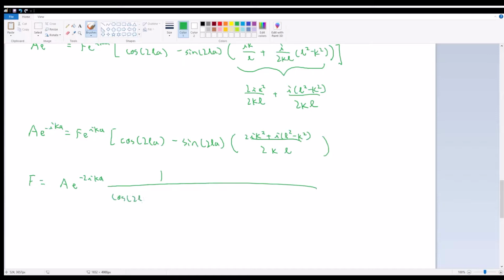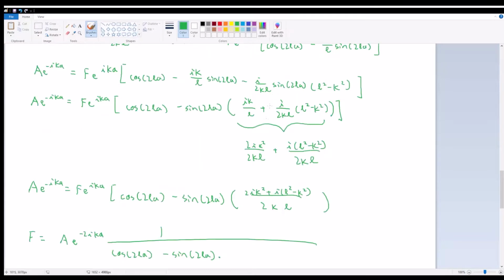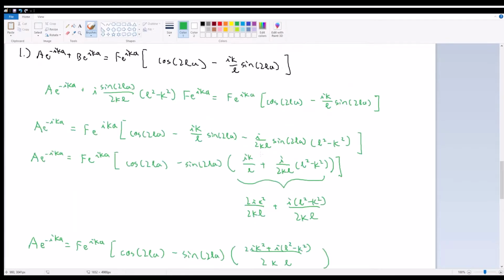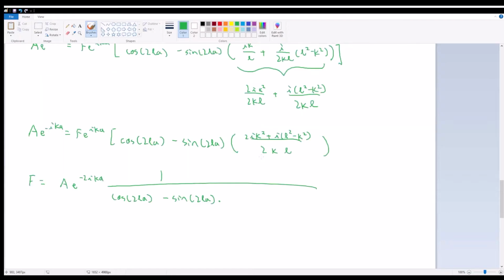Cosine 2la minus sine 2la times, we can move the i out, multiplied by i times 2k squared plus l squared minus k squared over 2kl.